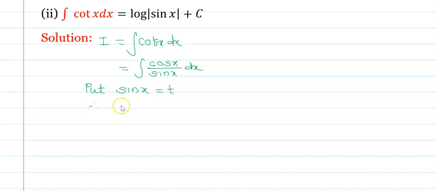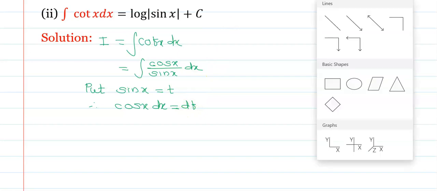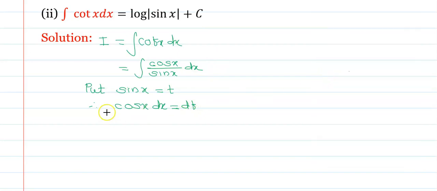Therefore, its derivative is cos x dx, and that equals dt. Therefore, cos x dx is equal to dt.